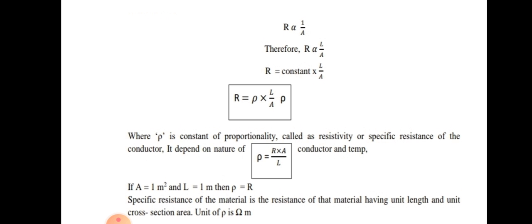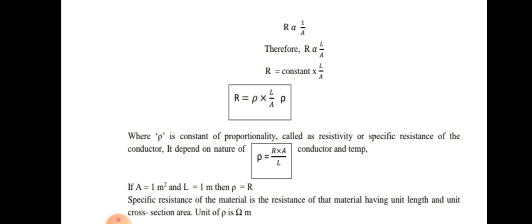Now suppose we consider the area of cross section of the conductor equal to 1 meter square and the length is 1 meter, then the value of specific resistance or the resistivity is equal to the resistance offered by that conductor.